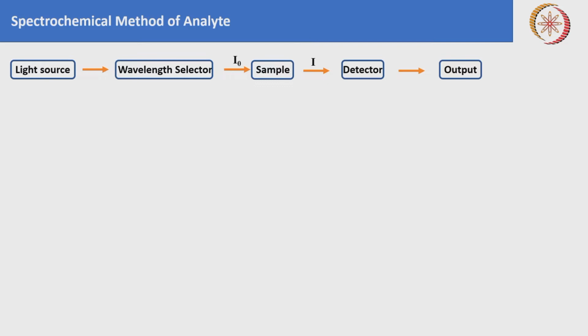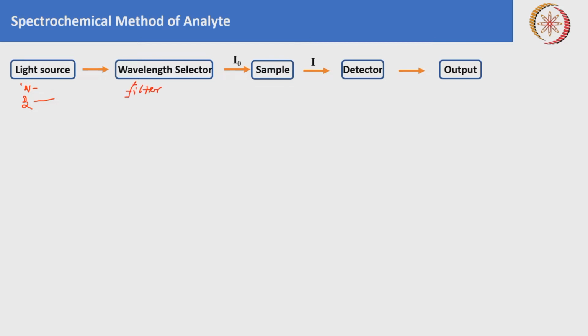So basically from here it started. How does the UV-visible absorbance spectroscopy principle work? Here we have a light source: tungsten for visible light, and deuterium source for the UV region.